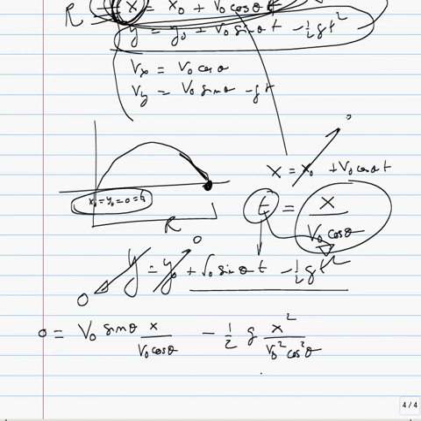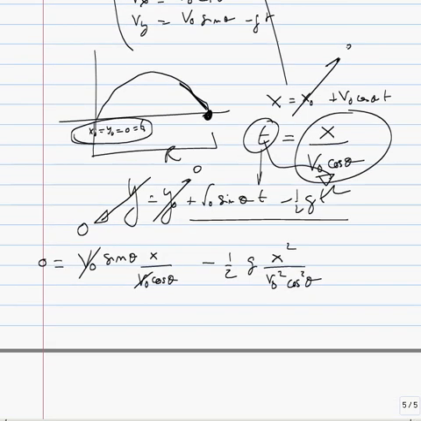Let's clean up. Those two guys cancel out. What else can I do? But sine over cosine, that would be a nice little tangent. So let's have a tangent here. So we get g x squared over 2 v naught squared cosine squared theta.